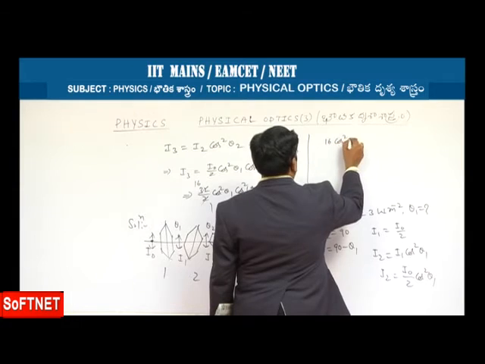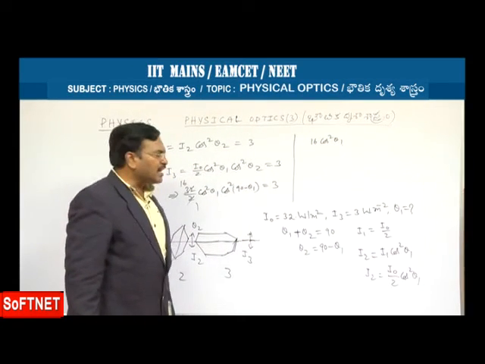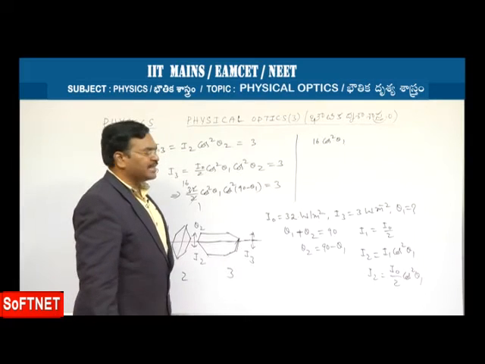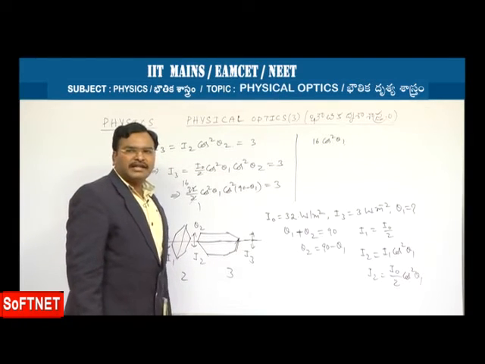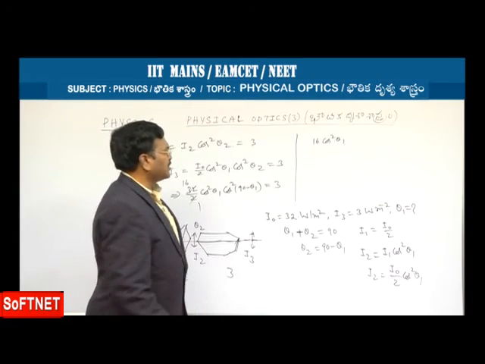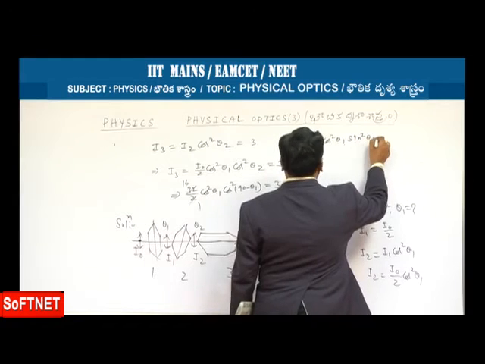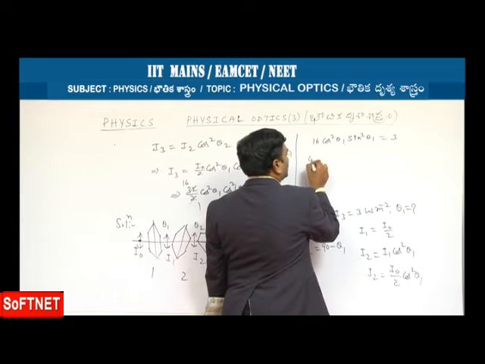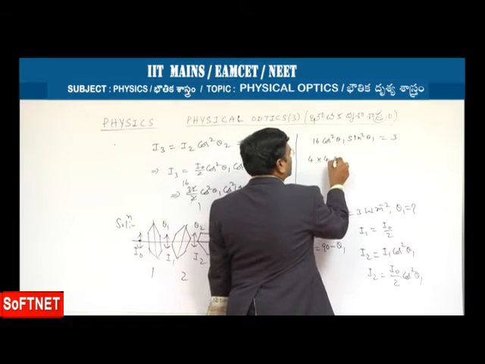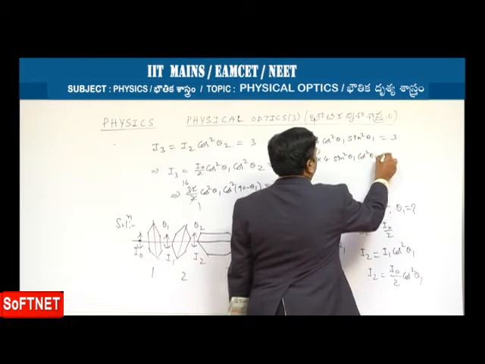Cos of 90 minus theta 1 is sin theta 1, so cos square of 90 minus theta 1 is sin square theta 1. So 16 sin square theta 1 cos square theta 1 is equal to 3, which we write as 4 into 4 sin square theta 1 cos square theta 1 is equal to 3.